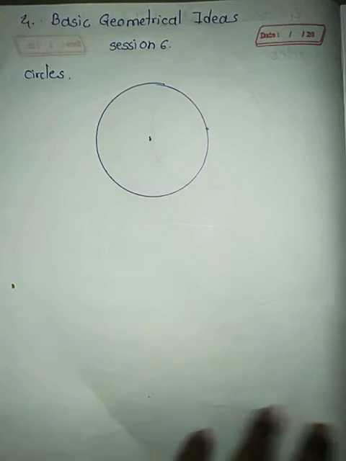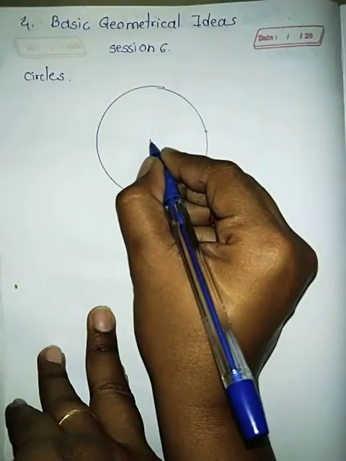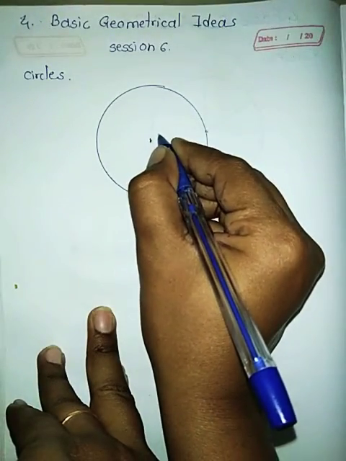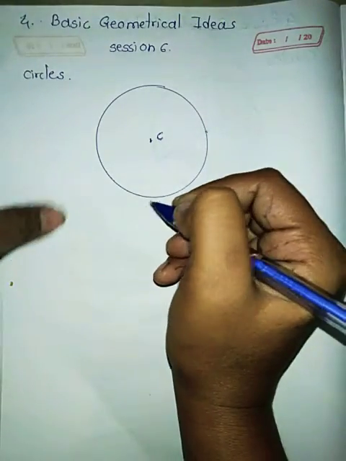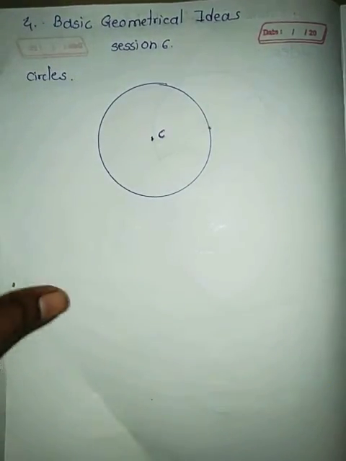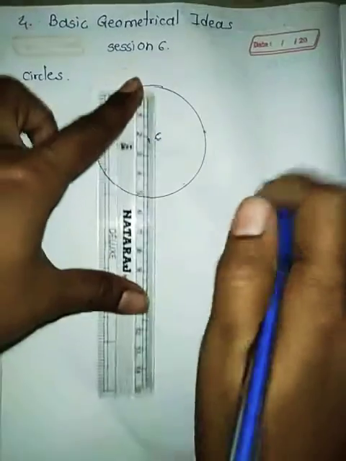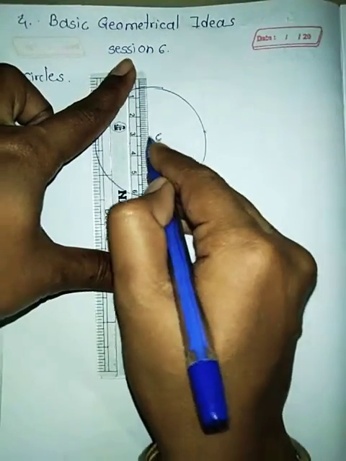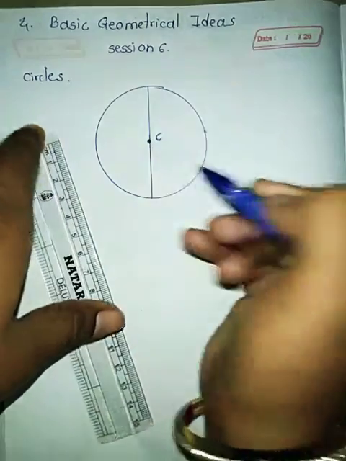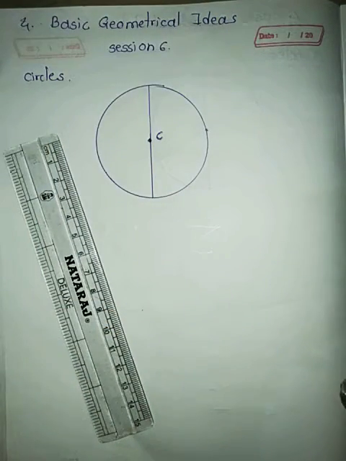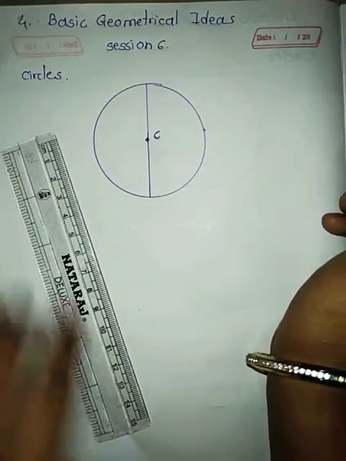Now this is a circle with the center, suppose C. If I join this and this, the line which is going from the center of the circle is called a diameter.